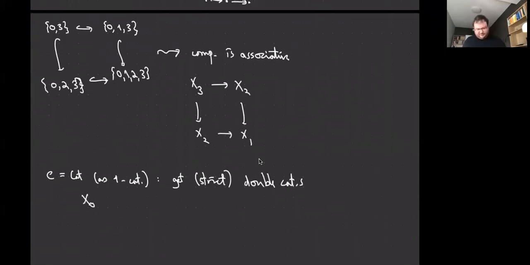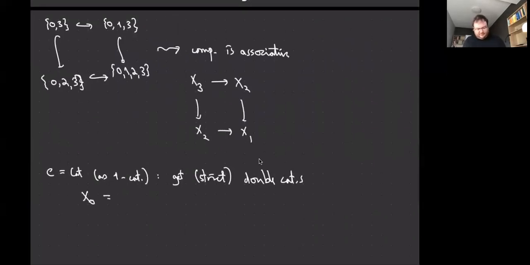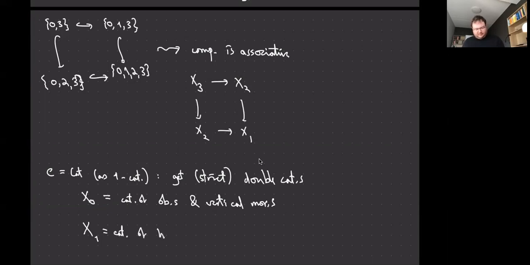If you work out what the structure is giving you, then I can think of X0 as the category of objects and vertical morphisms in the double category, and I can think of X1 as the category whose objects are horizontal morphisms and whose morphisms correspond to squares. So that's the strict version.